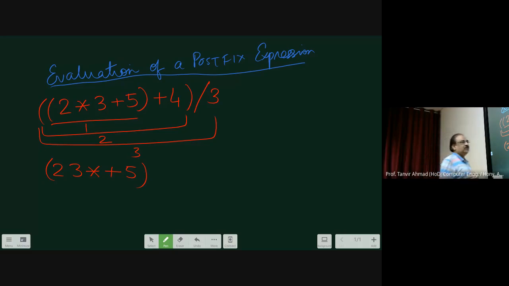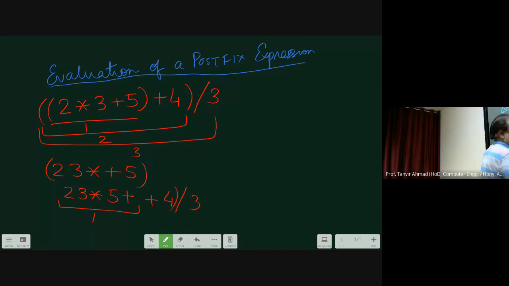Then I will be converting like this: 2, 3 multiply, 5 plus. So this is the result after the first step. Then I'll just copy this over here, plus 4 divided by 3, and this bracket is already there.